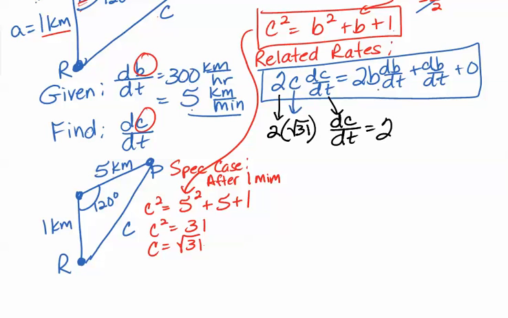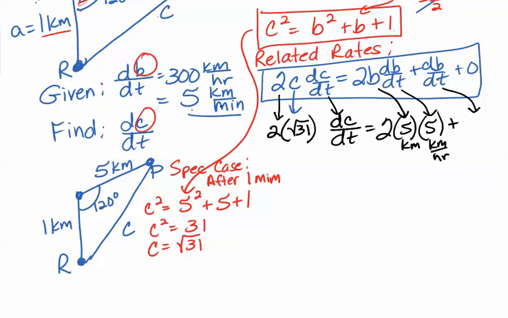On the other side, our value of b is our 5 kilometers, and our db/dt, now we're using minutes, so if we want to answer in minutes, we should stick with the rate of 5 kilometers per minute. So our b is 5 kilometers, and our db/dt is 5 kilometers per minute. So those 5s have different units on them.